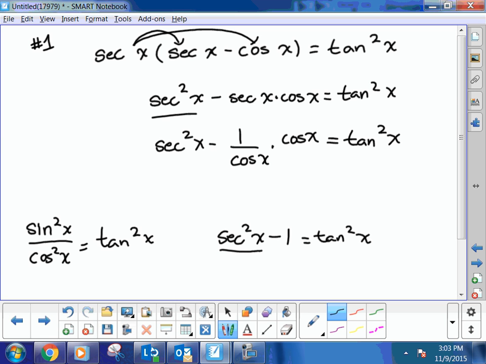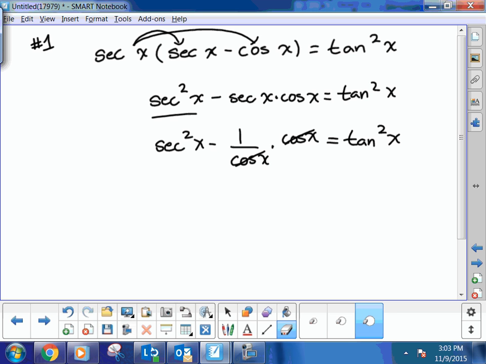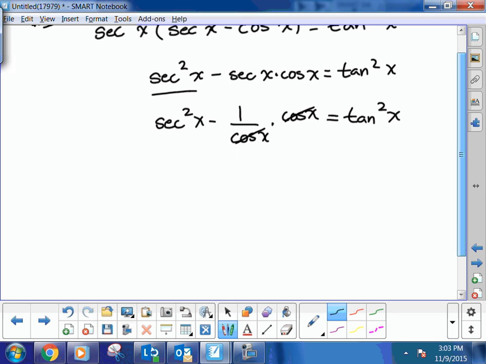You should be able to see the connection right now. What connection do I see? The cosines cancel out, right? They divide out. They become 1, which means that it naturally flows into this property that we wrote down here. This is how your next 2 steps are going to look. Secant squared x minus 1 is equal to tangent squared x.